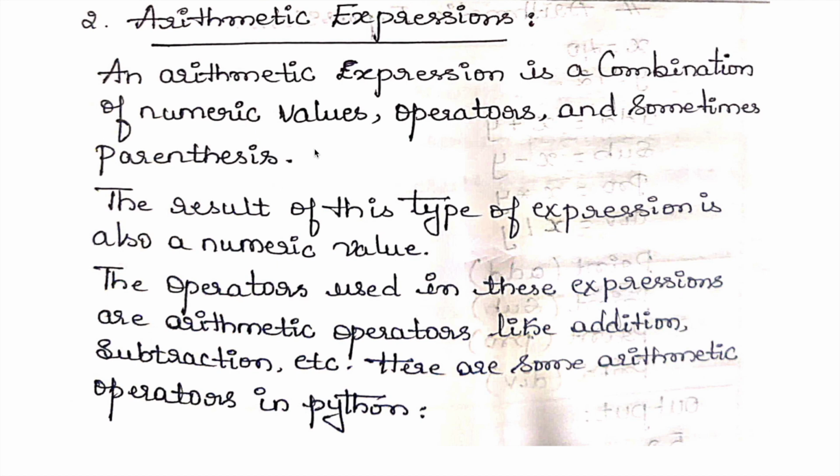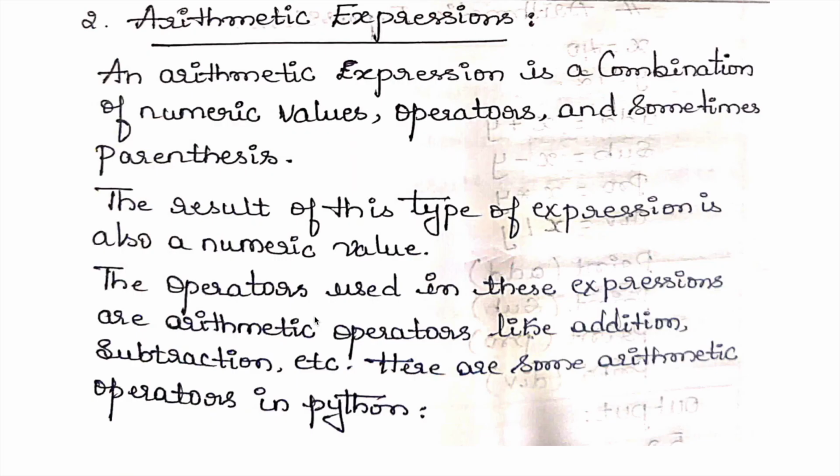Between numeric values, we use operators. So whatever result is produced in an arithmetic expression is a numeric value. The operators we use in these expressions are arithmetic operators like addition, subtraction, multiplication, etc. Now we will see some examples.